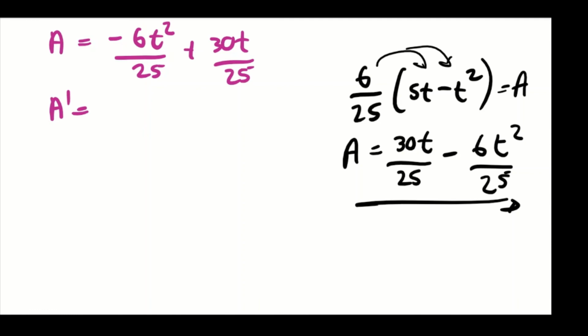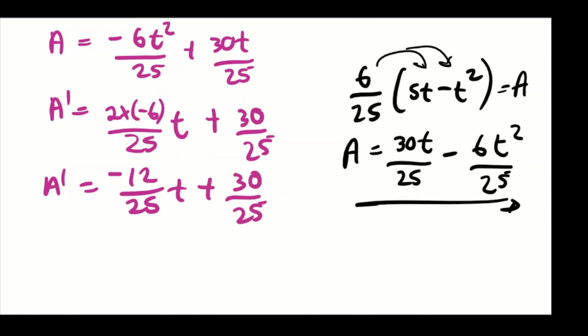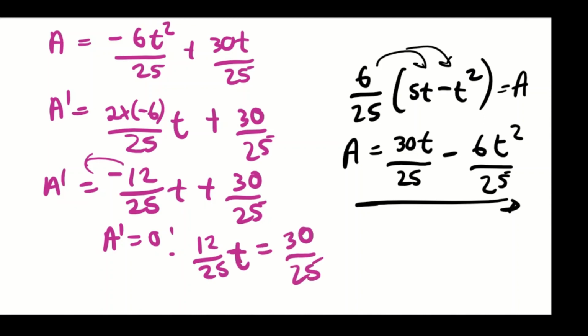A prime is 2 times negative 6 over 25 t plus 30 over 25. So A prime is equal to minus 12 over 25 t plus 30 over 25. So A prime is equal to 0, meaning that transposing to the other side, we have 12 over 25 t is equal to 30 over 25.